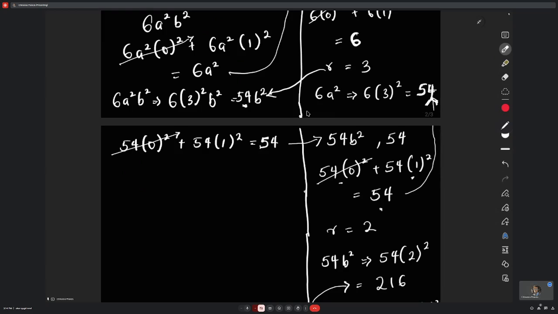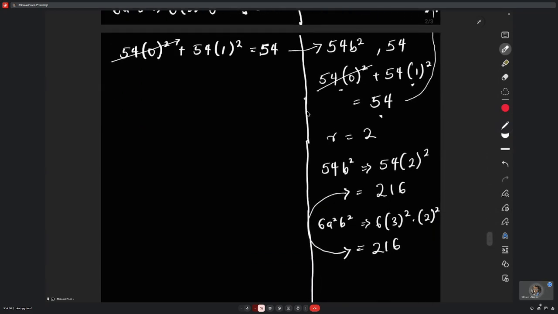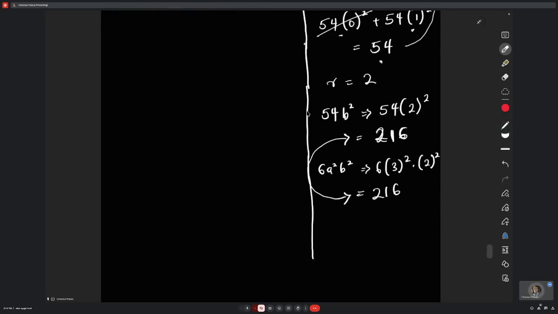Then, since it's a univariate polynomial, it's time for the verifier to do his oracle check. He samples a random challenge, r equal to 2, evaluates b square at that random challenge, and gets 216. He also evaluates the original polynomial at the random challenges for a and b to get 216, and then the verifier accepts. Does it make sense?